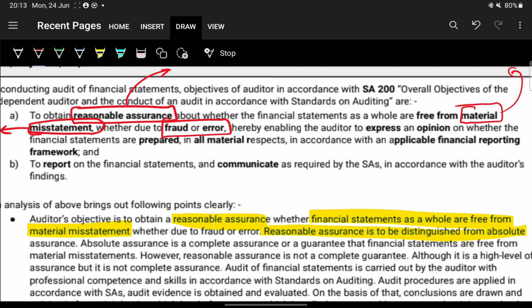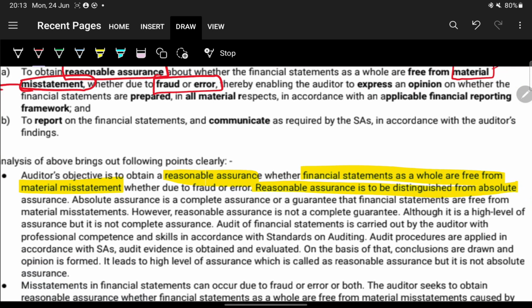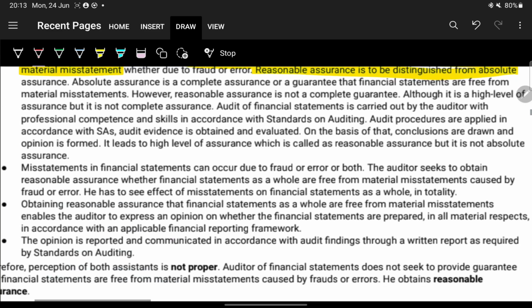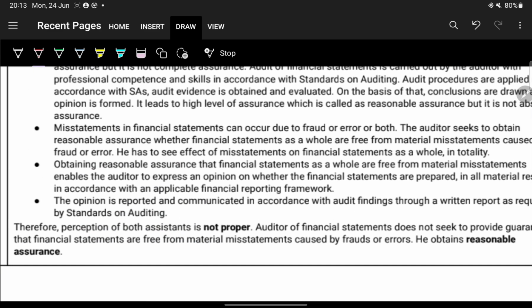Next, thereby enabling the auditor to express an opinion that the financial statements are prepared in all material respects in accordance with the applicable financial reporting framework. What is the applicable financial reporting framework? I think they've given that here. Have they given that?